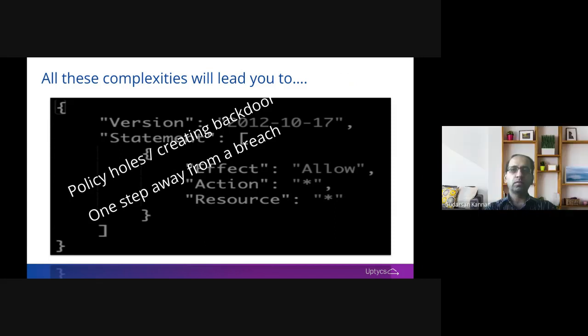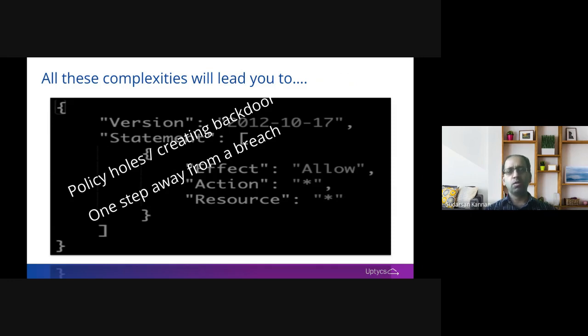Yeah, so the essence of this whole topic we are discussing today is, if you do not understand identity well, if you do not understand how to define a policy, which is actually the crux of IAM, if you do not know what the different types of identities are, then whatever you create from a policy standpoint, you're basically creating a backdoor.